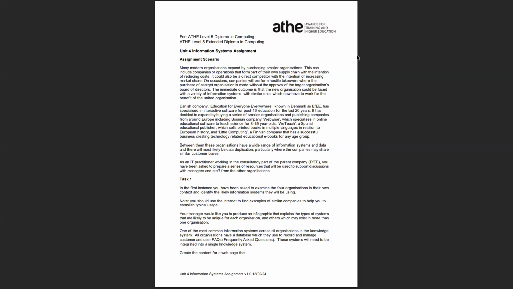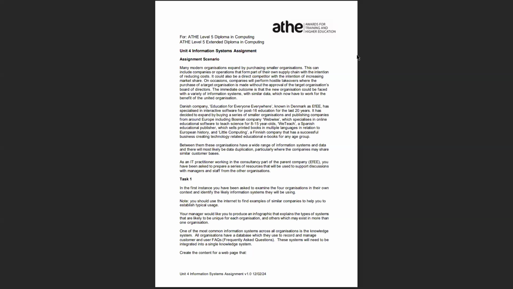All organizations have a database which they use to record and manage customer and user FAQ, frequently asked questions. So these systems will need to be integrated into a single knowledge system.